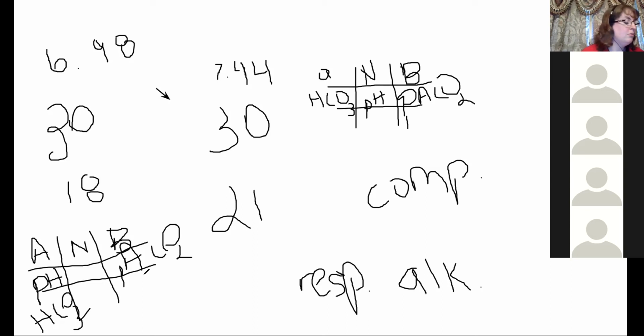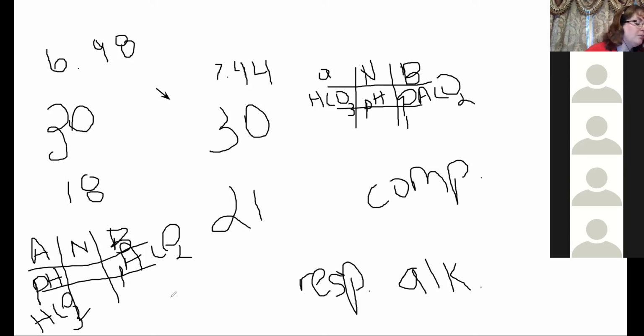So how would you judge if you have compensation or not here? Would it have to be in a normal range to have compensation? Yes, but there is uncompensated, partially, and fully compensated. The last one we did was fully compensated, right?